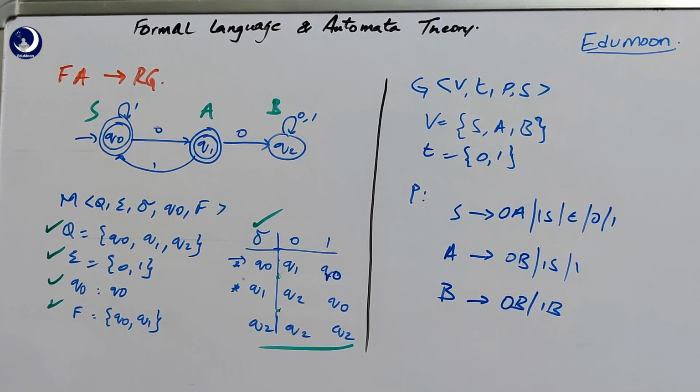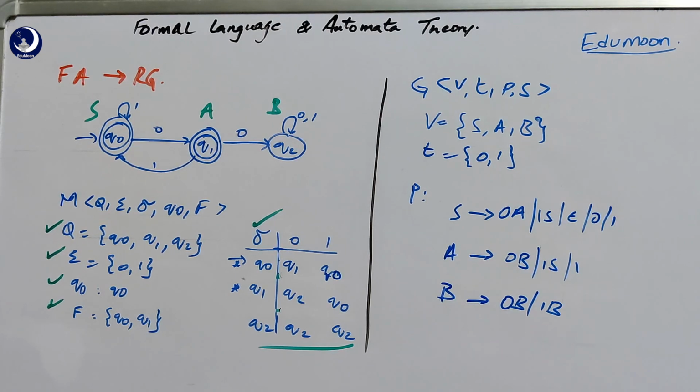Since B is not generating any terminal here, we can simplify this grammar further by removing the transitions of B, and simply write the transitions of A and S for the variables in the grammar. We can eliminate the productions of B because it is a dead state, a variable that is not generating any terminal. We can observe that from the finite automata also.